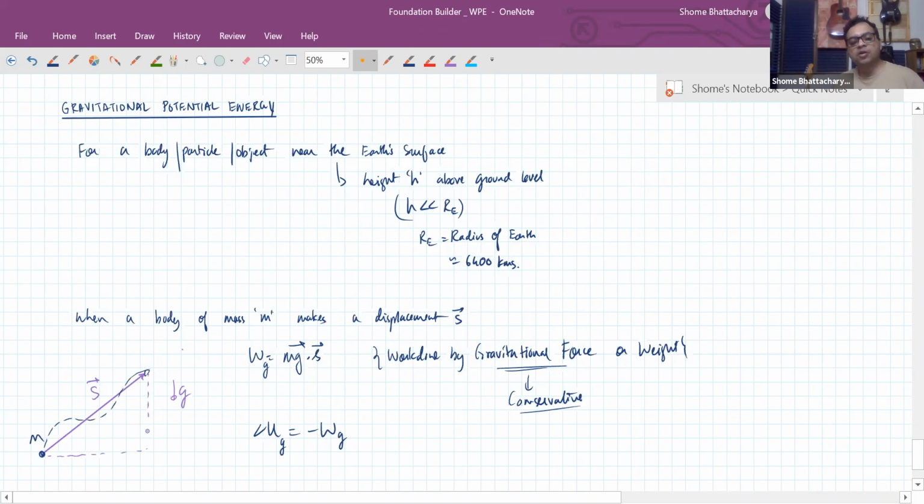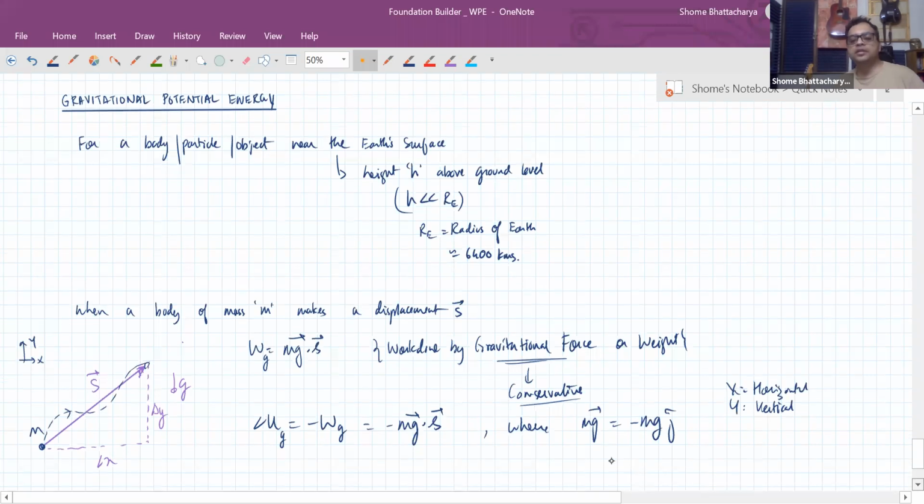If the displacement's components are delta x and delta y, which are the horizontal and vertical components of displacement, and we take this as our x-axis and this as our y-axis, we can take mg as minus mg j cap, because our y-axis is the vertical axis and x-axis is the horizontal axis.